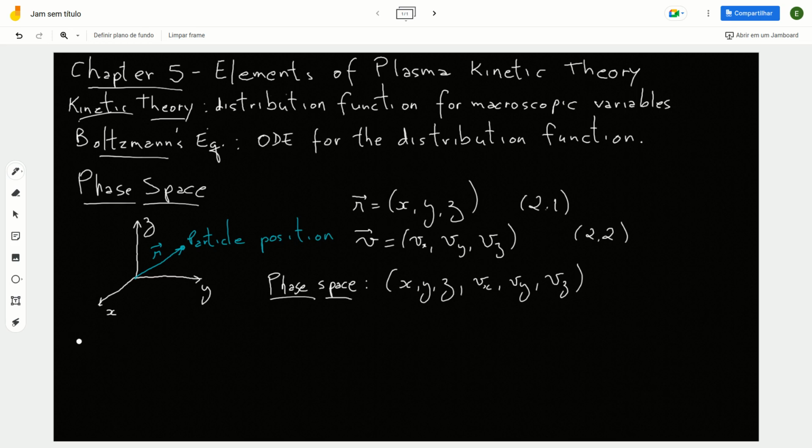And we may define some elements in this space. We have a few volume elements. Let's define d3r as this element.